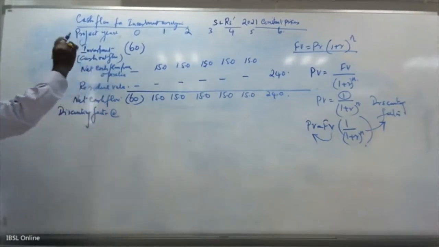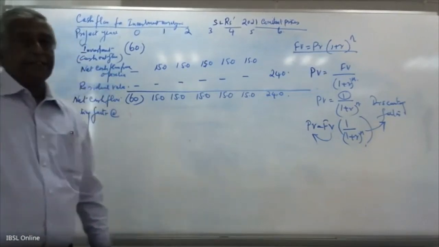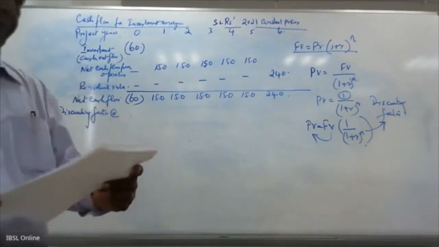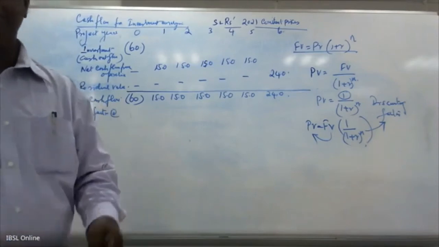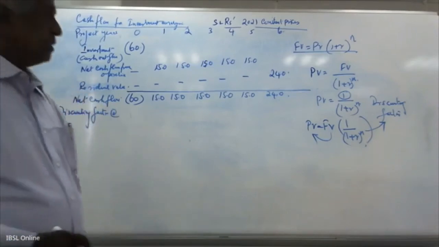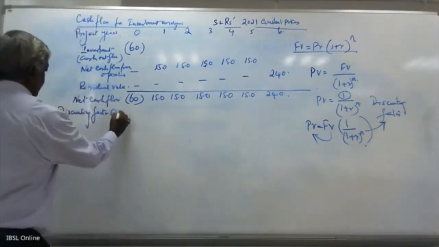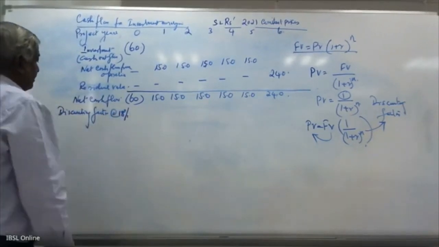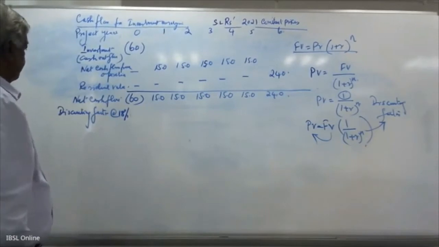Now the discounting factor at that percentage. What is the percentage? They want to borrow this money at 18%. So at 18%, discount it using the discounting rate or the interest rate of 18%.